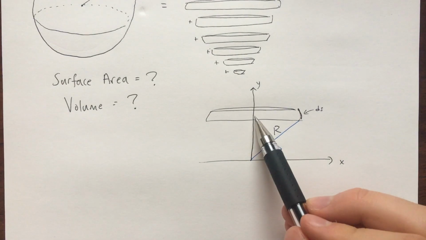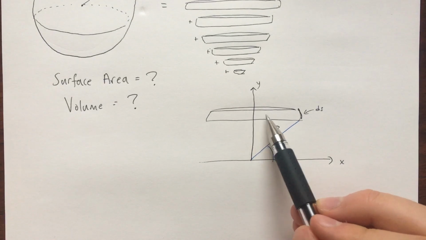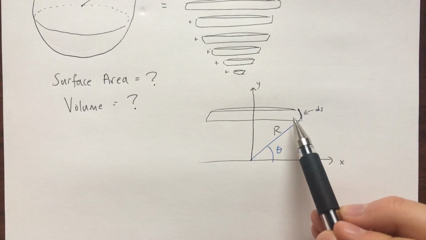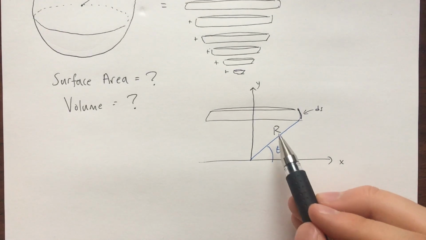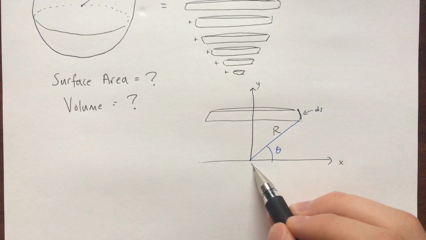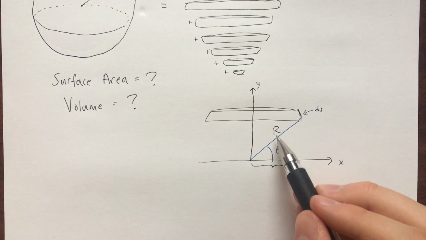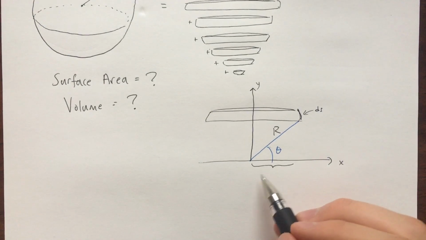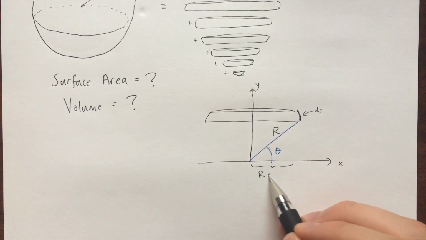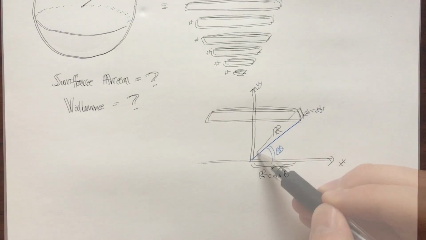So the circumference is simply going to be 2 pi times the radius of this little disk right here. And that's not going to be big R. That's going to be r times the cosine of this angle. So it's going to be r cosine theta.